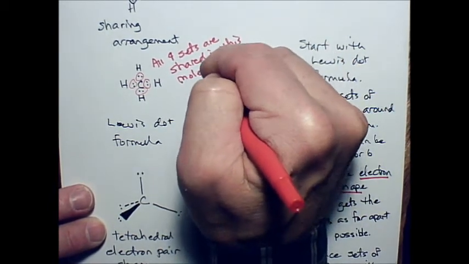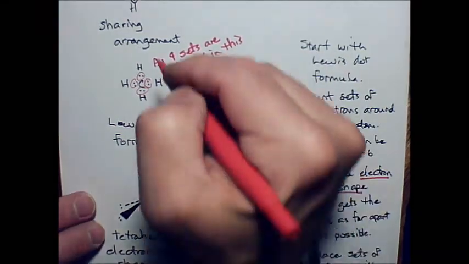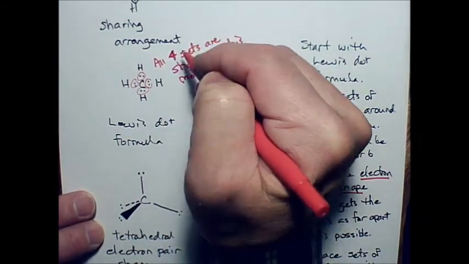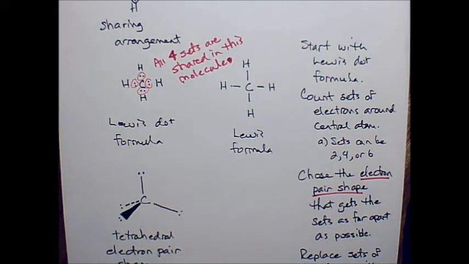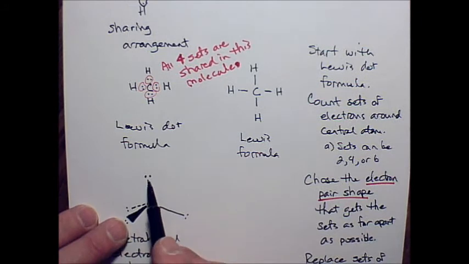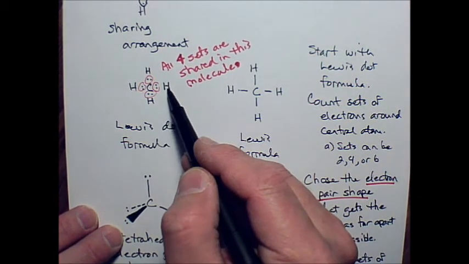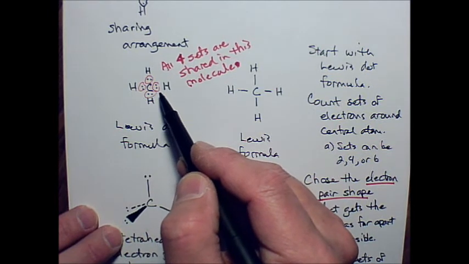Now, not all molecules will have that happen, but in this particular molecule, all 4 sets are shared. So that means we're going to replace all 4 sets in this drawing with the symbols for the atom that are on there.